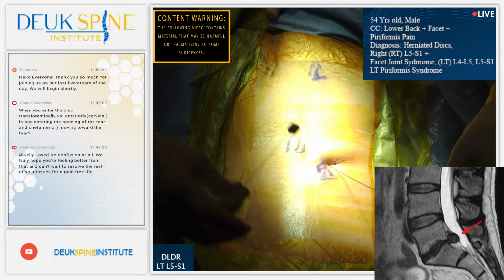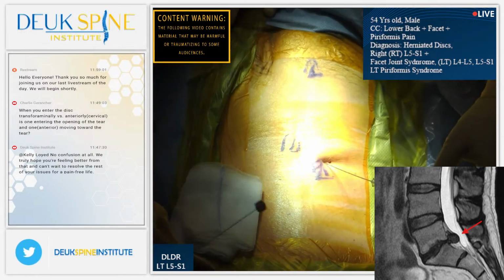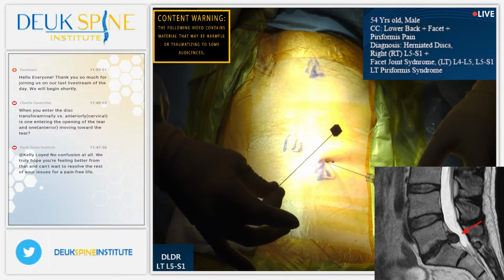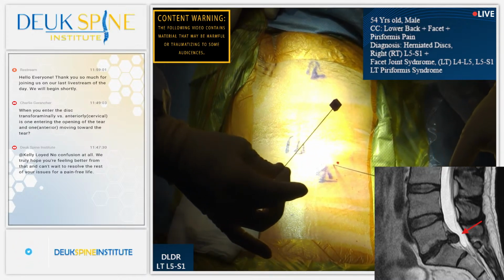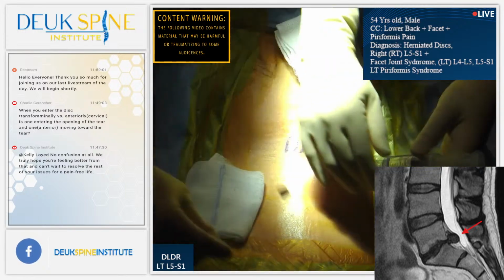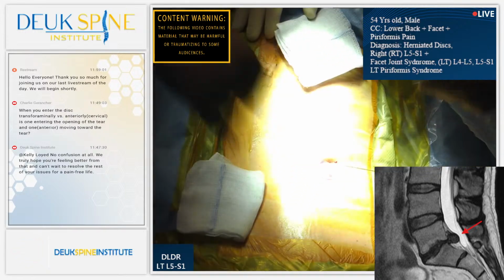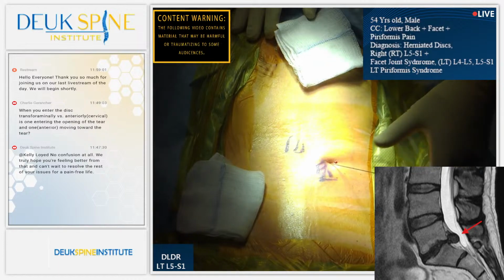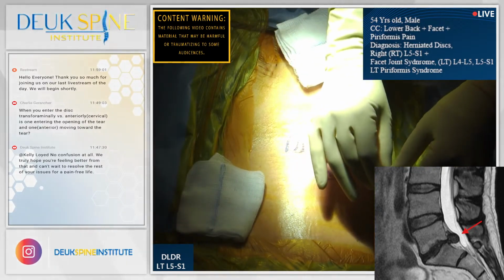All right. If you have questions, feel free to ask. Shot. And right now we're just giving our patient some numbing medicine, getting him more comfortable so we can do the procedure. We're going to start with the Duke laser disc repair.